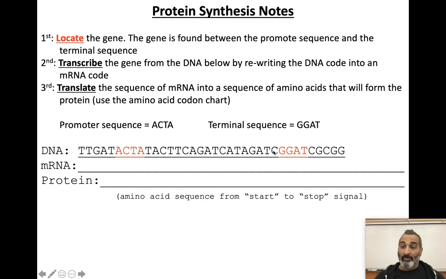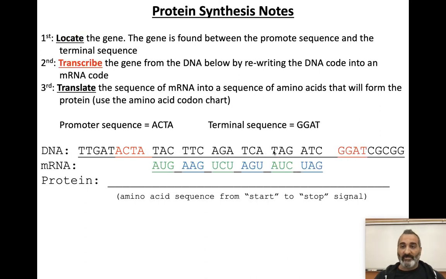Here's what your paper should look like after you've transcribed it. Okay? I color-coded it. I even spread it out a little bit. What I would do on your paper, I would put a line between each three bases so that they don't overlap and create confusion for you. I have color-coded it and put spaces between them to show you how it's done.